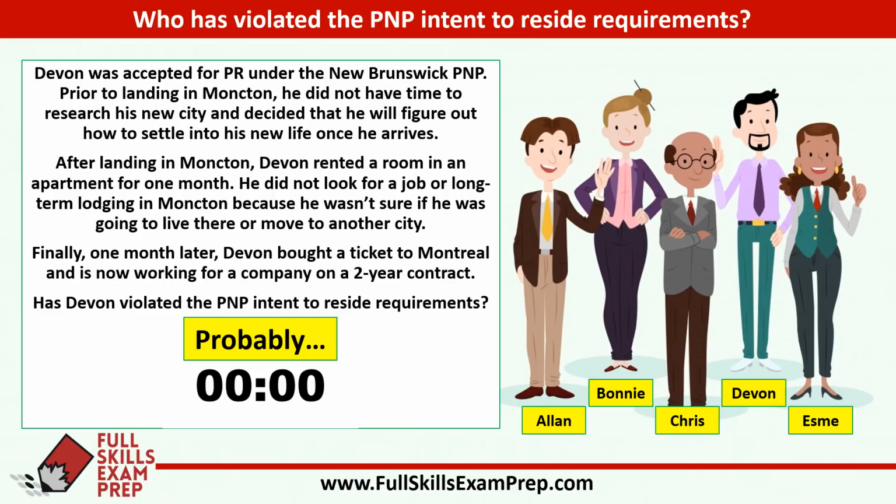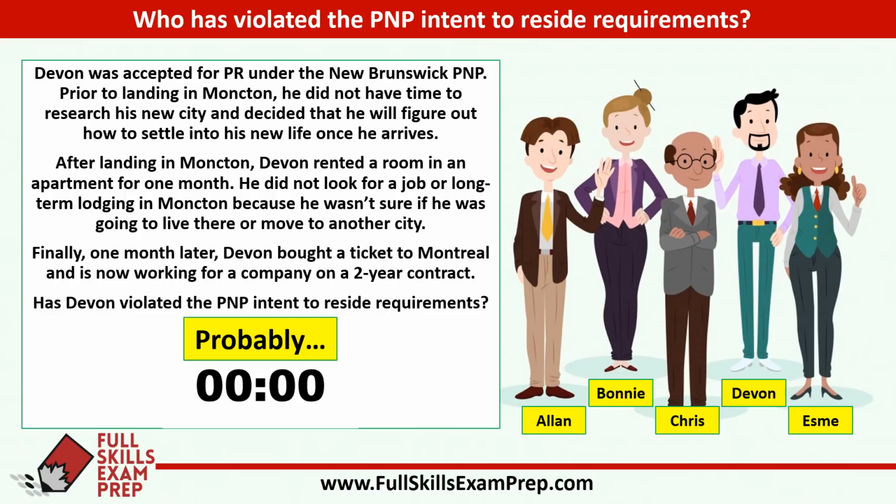But for Devin, it looks like he didn't really want to stay in Moncton, but he applied under that PNP for some reason, right? We don't really know from the story, but we could assume, or when you see something like this, it's often because the person didn't qualify for anything else. And moving to Montreal right away, maybe the person didn't qualify for any of the Quebec programs. Maybe he doesn't speak French, which we see sometimes with people who come see us as well.